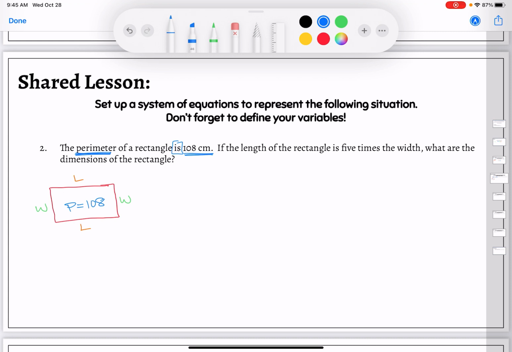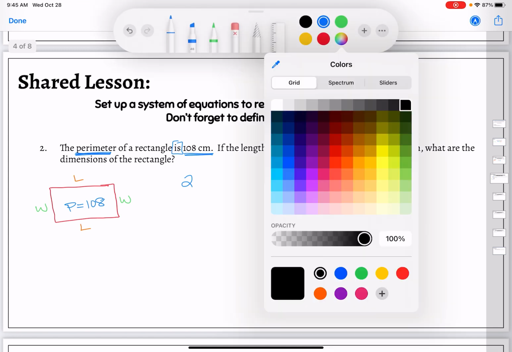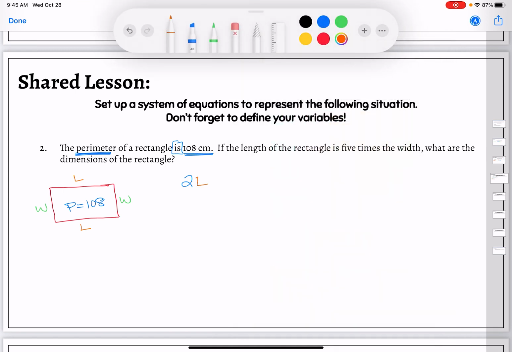Now, I see that I would have L plus W plus L plus W, so you could write it that way, or we could say I would have 2L plus 2W equals 108, right? The perimeter equals 108. So don't forget that you have 2 lengths and 2 widths, and that's why I put them both in my picture so I don't forget. So perimeter 2L plus 2W equals 108.